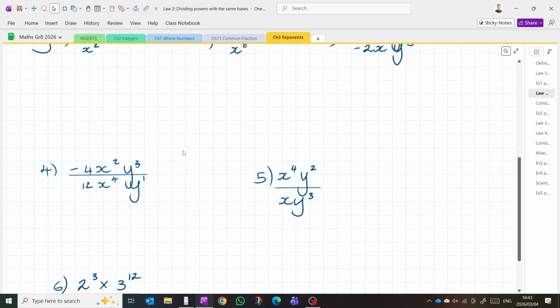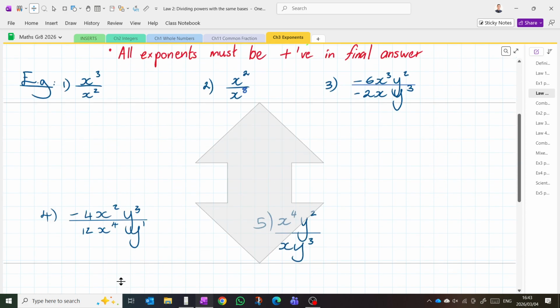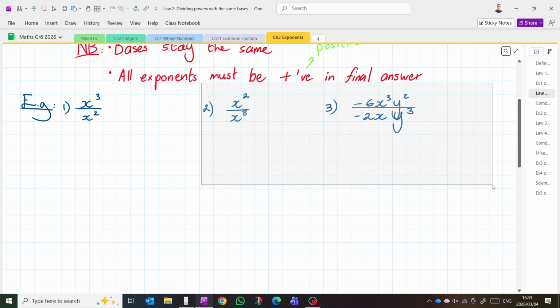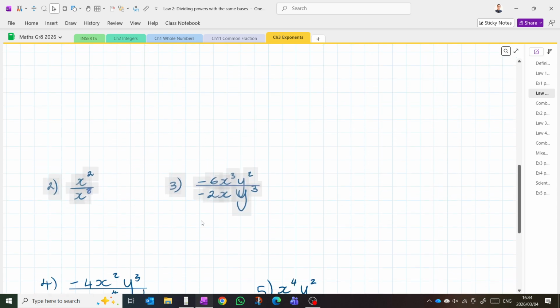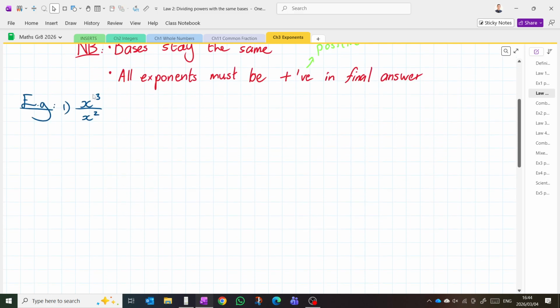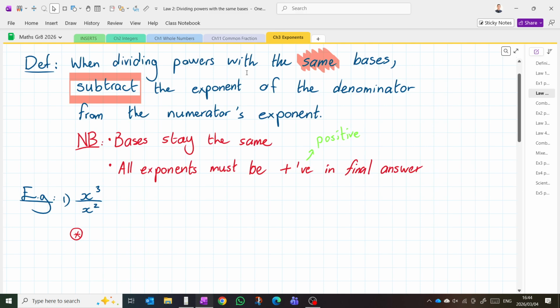Again, let me get rid of the extra ones for now, so we can focus on one at a time. Right, over here, we've got x to the power 3 divided by x to the power 2. So what does my law say? Let's start with that little intermediate step again that I'm not going to keep writing, but for now I will. My law says I need to subtract the denominator's exponent from the numerator's exponent.